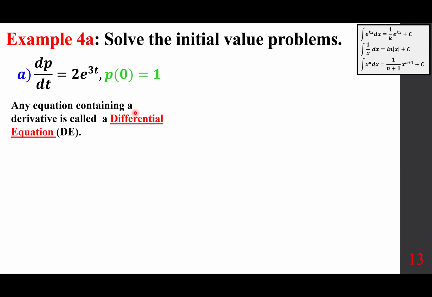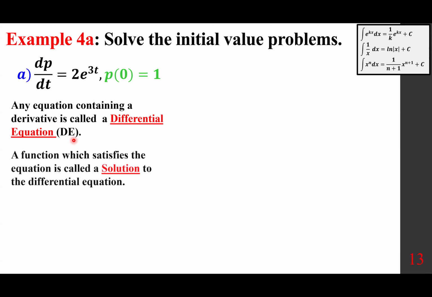Any equation containing a derivative is called a differential equation, or DE. In other words, everything that we have been doing, those are differential equations because the derivative of a function was in it. A function which satisfies the equation is called a solution to the differential equation. Just like any other equation, the concept of a solution is the same thing.